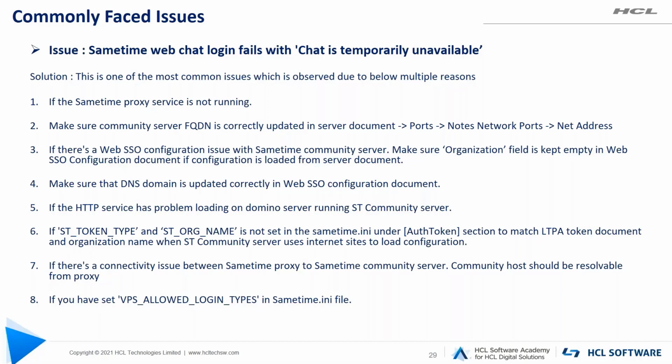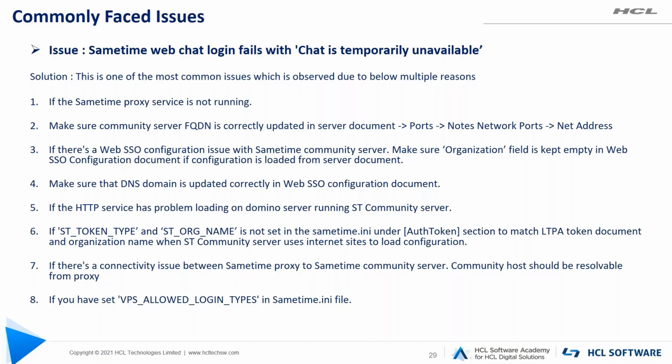If you are loading your configuration from Internet Sites, you should have the parameters ST token type and ST org name updated with the correct WebSSO token name and organization name in the sametime.ini file. Once this is done and the problem is still there, check whether the DNS domain is updated in the WebSSO configuration document.